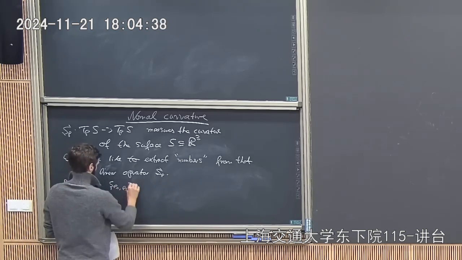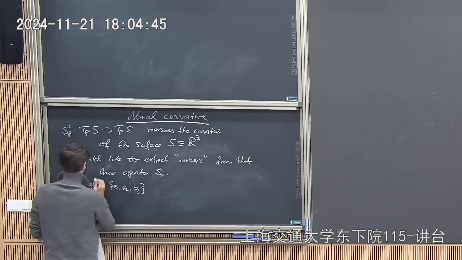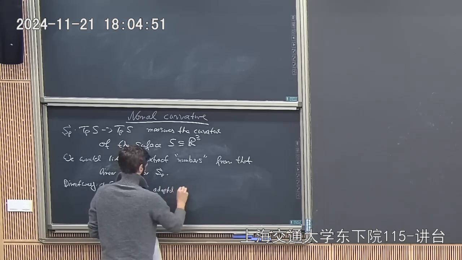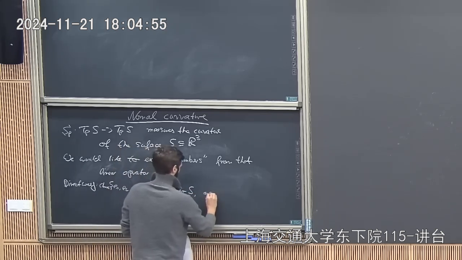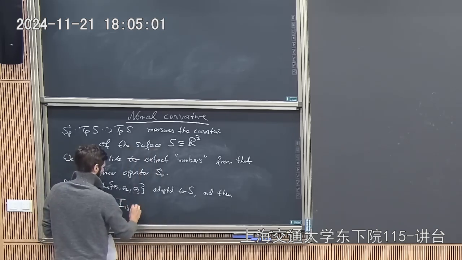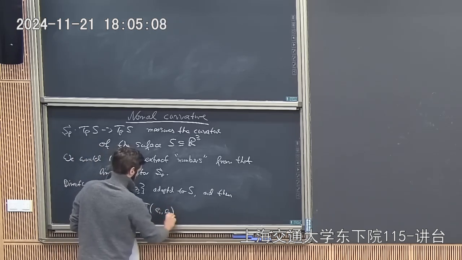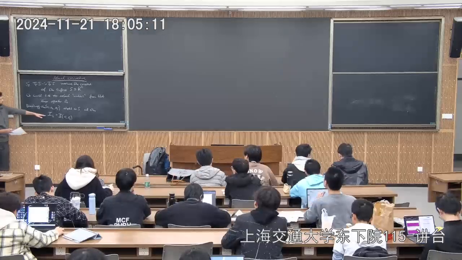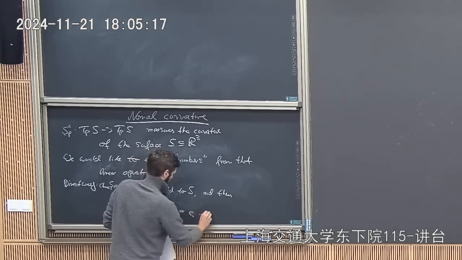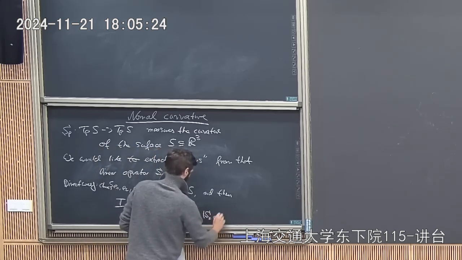So like E1, E2. Choose a frame adapted to S, and then consider what we already defined, the matrix where we put the E_i and E_j into the second fundamental form, and that, as we have seen, is nothing else than E_i times the shape operator at some point P applied to E_j.